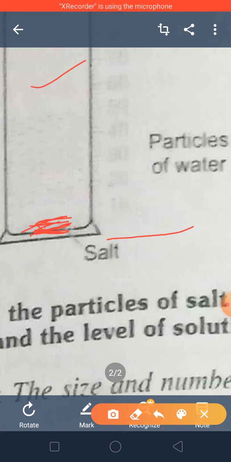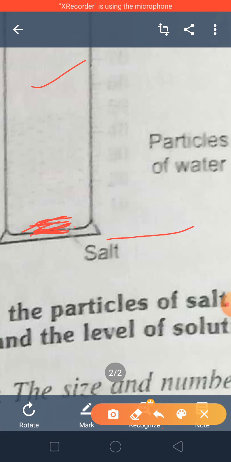That means that the particles of water must have space between them, that is, particles of salt occupy the space between the particles of water. This indicates that particles of water have enough space between them.